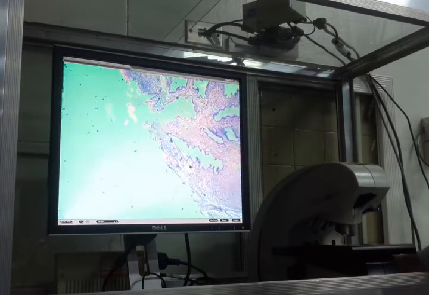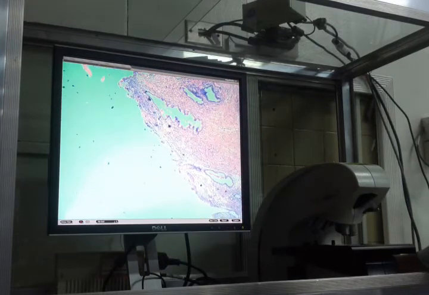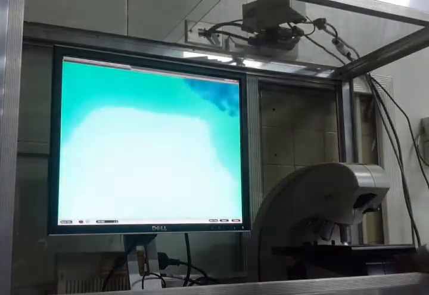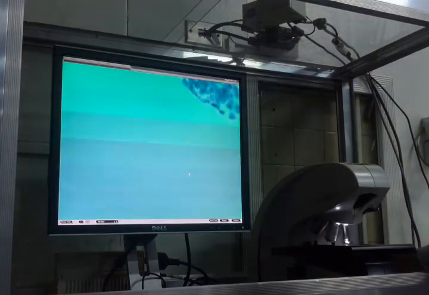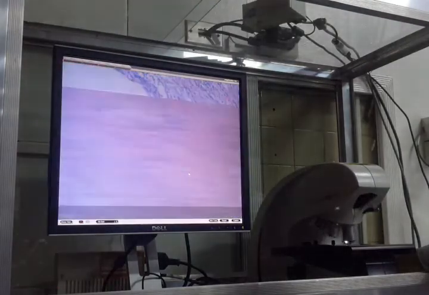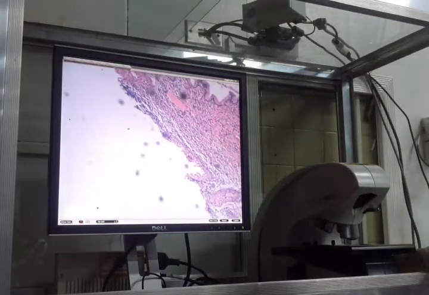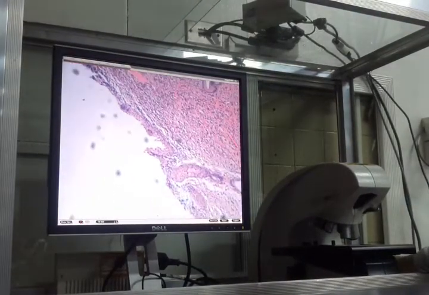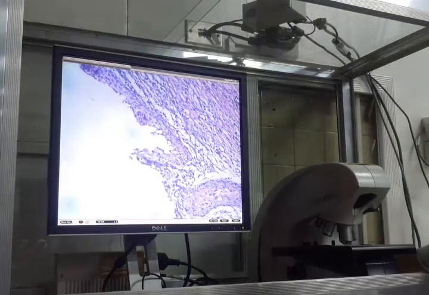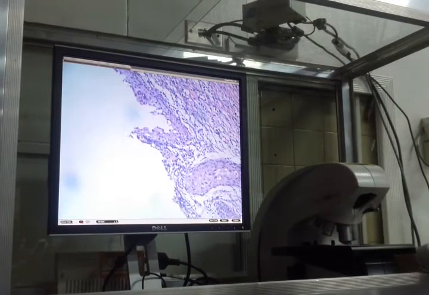You have the endocervical glands over here. But this portion, which is deep in the endocervical area already, shows you this lining epithelium. What is its lining epithelium?